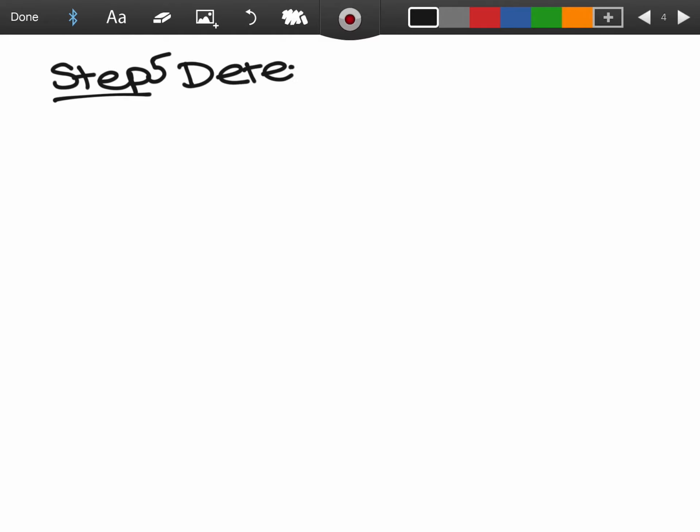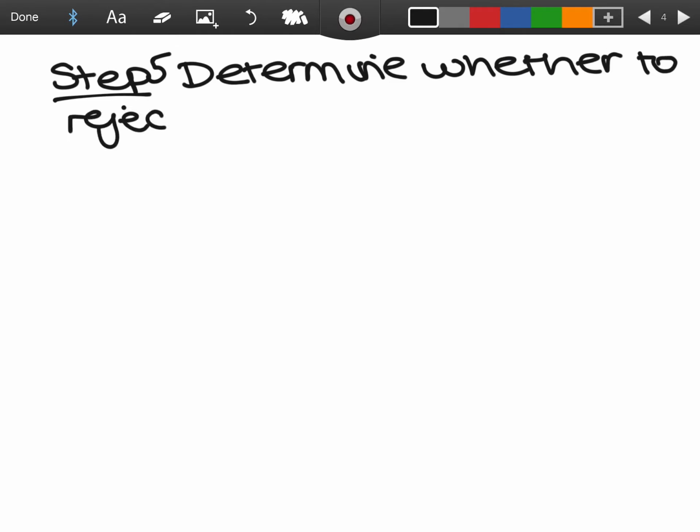So step 5 is to determine whether to reject H0 or not.